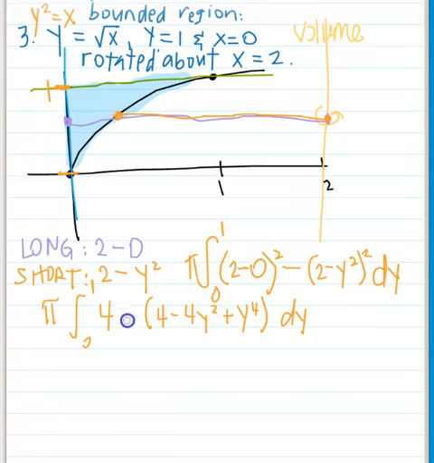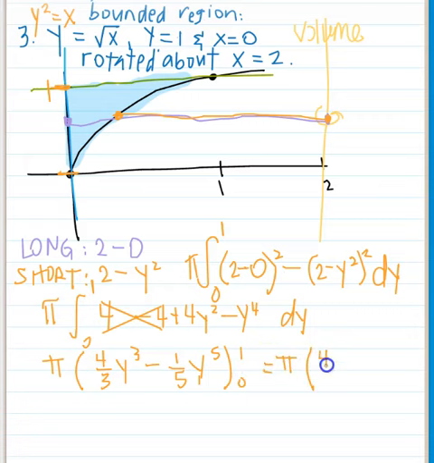I'm going to cheat a little bit and distribute the negatives so I don't have to rewrite the whole thing. So minus, plus, minus, and then 4 minus 4 can cancel out, yay, and then integrate what's left over. So we're going from pi, I get 4/3 y cubed minus 1/5 y to the 5th, and I'm going from 0 to 1.